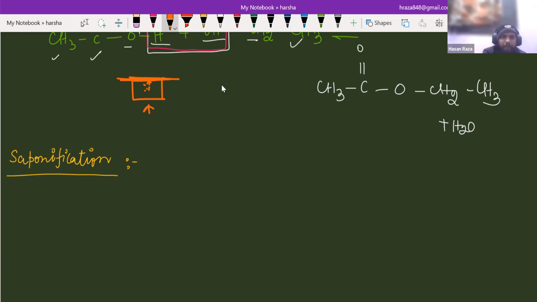Now, if you are going to see saponification, I'm going to write the definition first, then I will explain, then write the reaction.